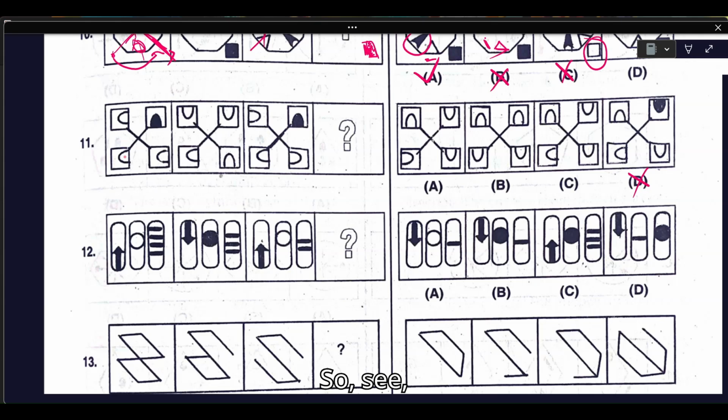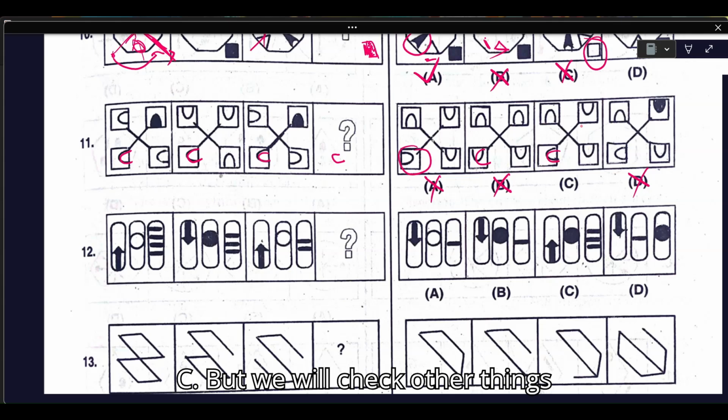So see, in the left and down it is C, C, C. So it is not changed. So obviously in the answer figure also we will be having C. It is not C, so we will eliminate A. It is not C, so we will eliminate B. And here it is C.